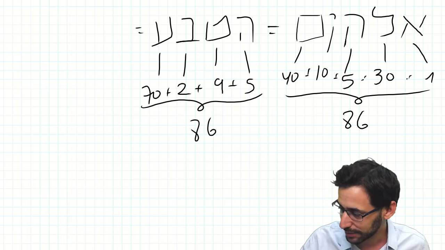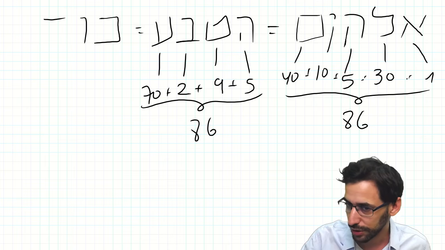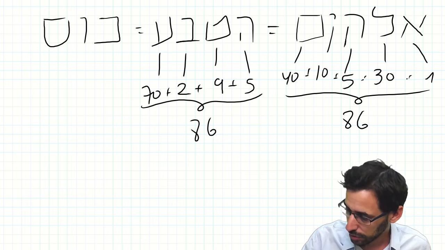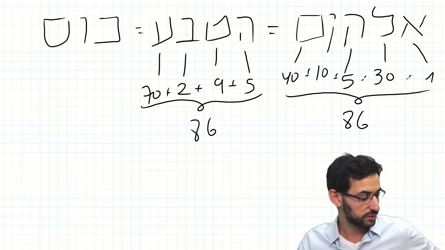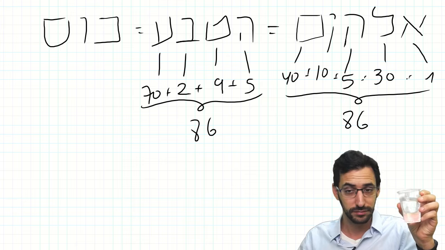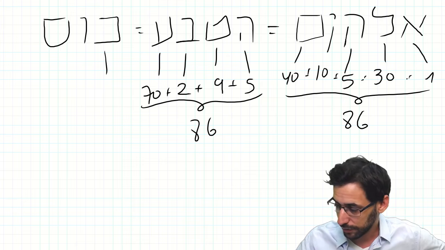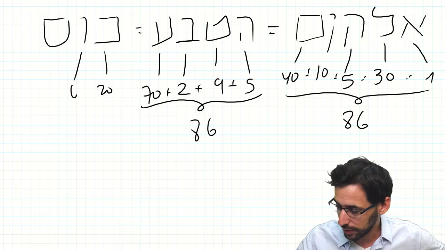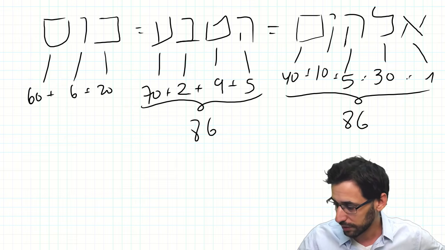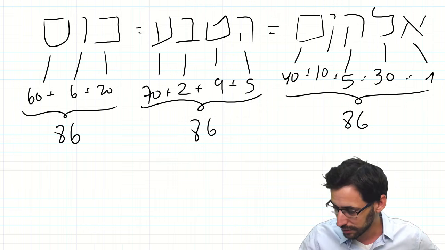Let's keep going with this and take another word. The next word is kos. Those of you who speak Hebrew know that kos means a cup, a kli, a vessel, basically. So kaf equals 20, vav equals 6, samech equals 60. No need to do maths here anymore, because I'm sure you already know that this too equals 86.